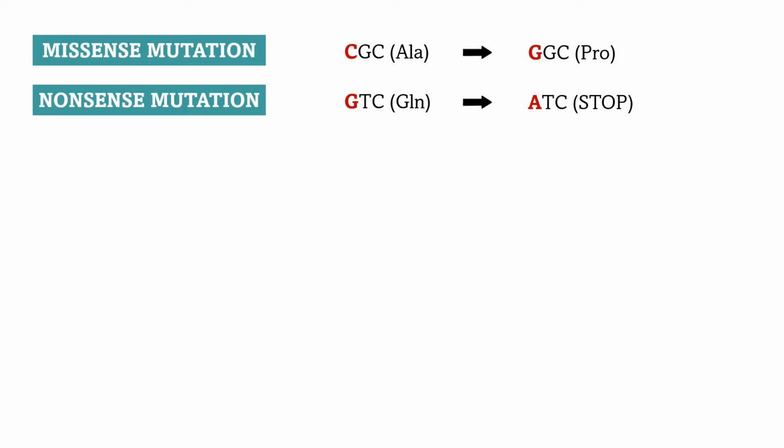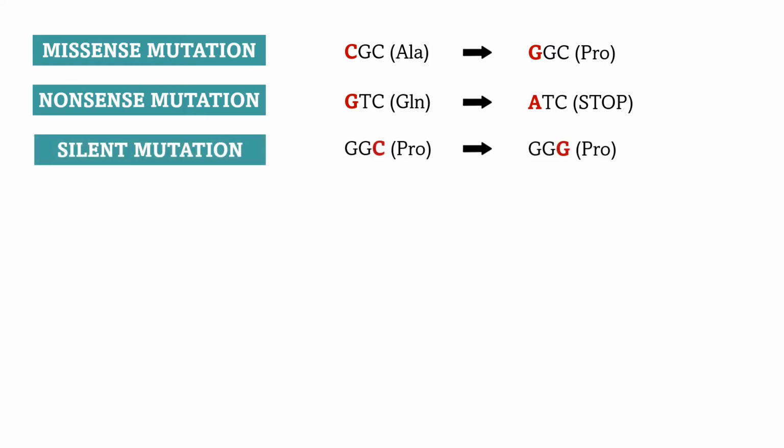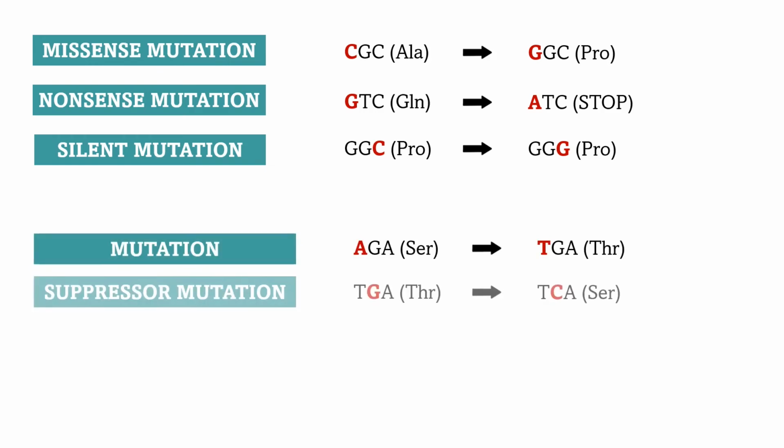And a silent mutation changes a codon that specifies a certain amino acid into a different codon that, however, specifies the same amino acid. A special type of mutation is the suppressor mutation, which suppresses the effect of another mutation.